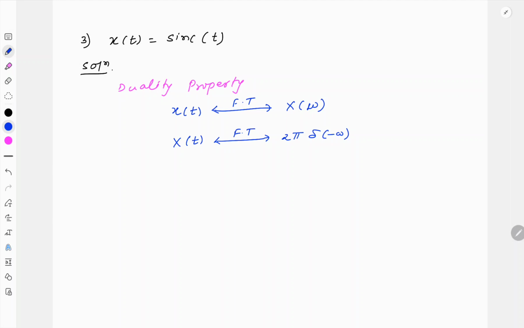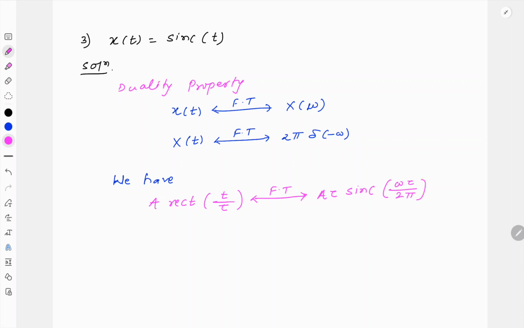Now to get the Fourier transform of the sinc function, we have a standard result that a rect of t by tau has Fourier transform a tau sinc of omega tau upon 2 pi.